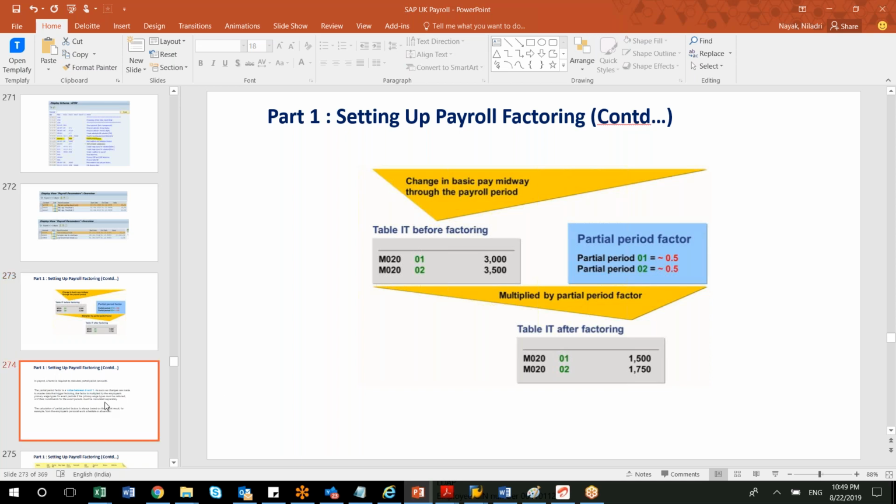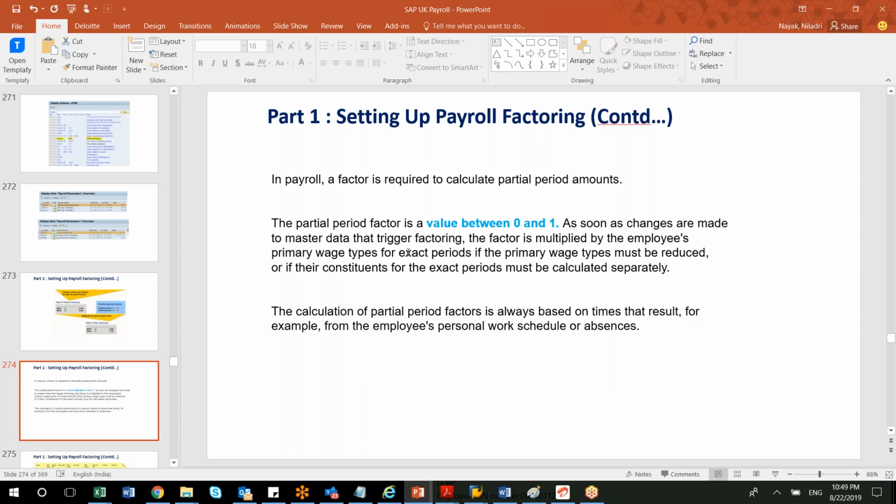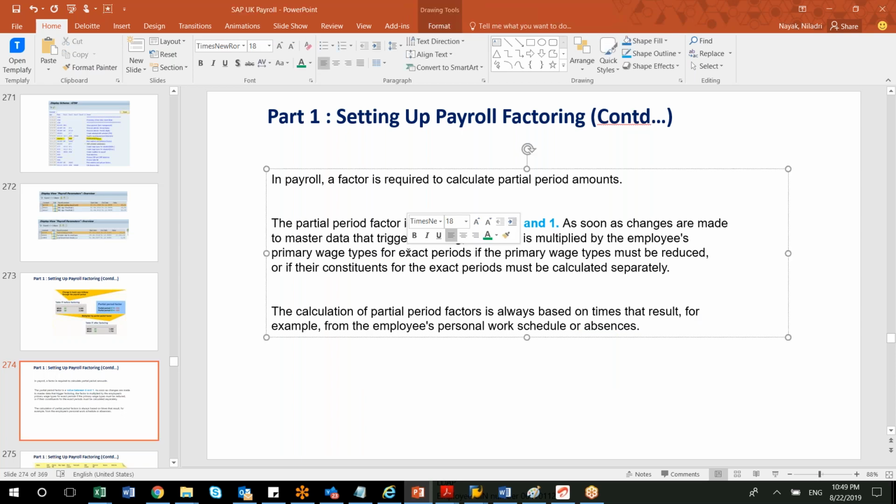Again, as I was explaining about the triggering: if you change anything within a particular day, the system will not support that, because we can't have two different actions in a particular day. That is a basic concept in SAP. In the morning you are in one location, and in the evening you can't be in another location.